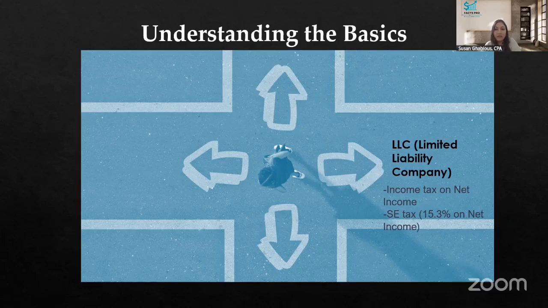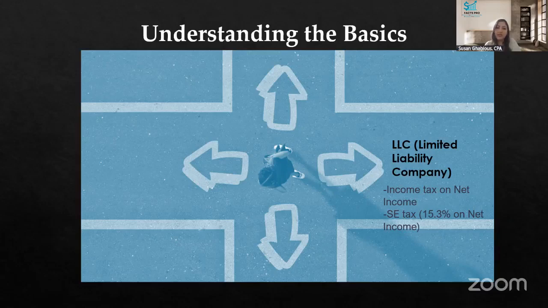With a limited liability company, or LLC, you get taxed twice. You get income tax on your net income. So if you're having gross 100K, you have expenses of 20K, then you have 80K net income. You pay income tax on this 80K. In addition, you also pay self-employment taxes, which is about 15.3% on the net income.